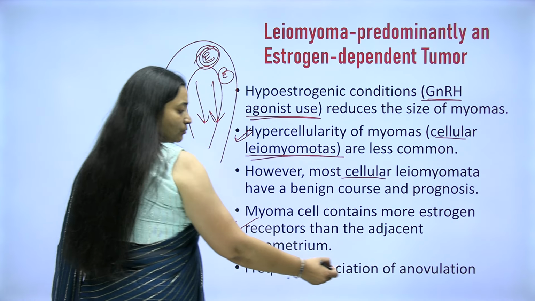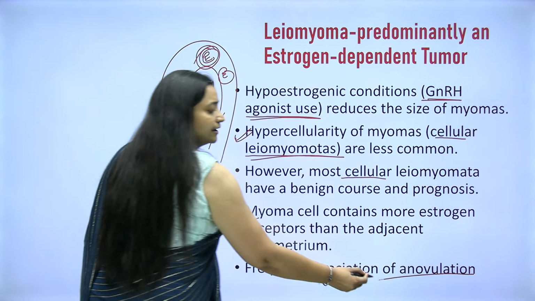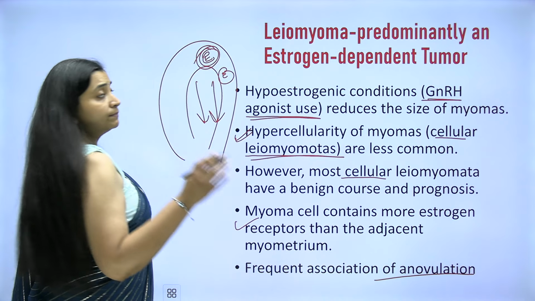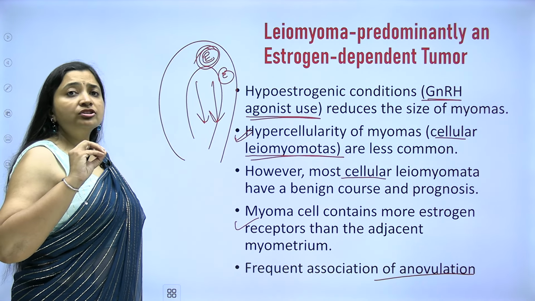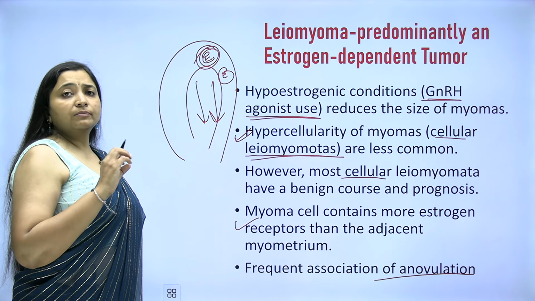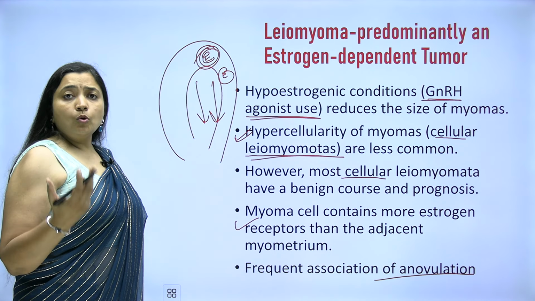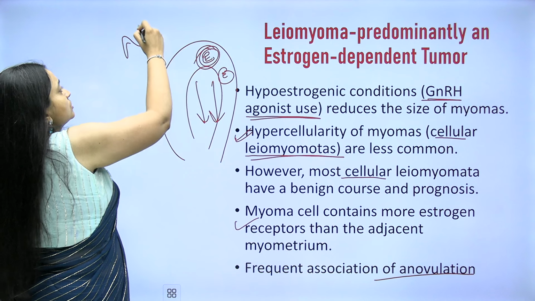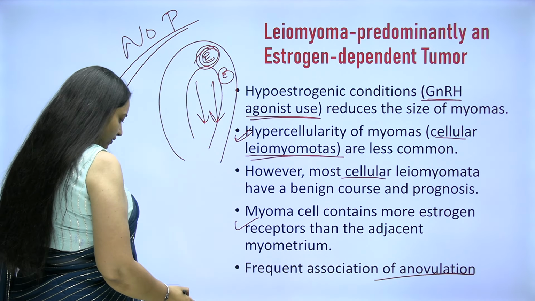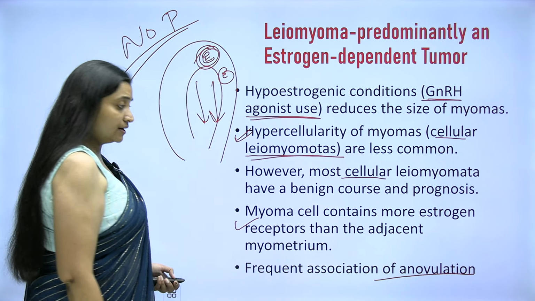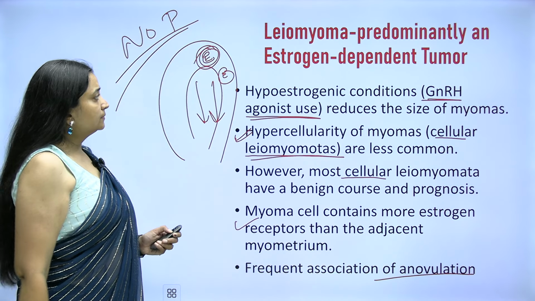And it is frequently associated with anovulation, that we studied in the menstrual cycle also, that anovulation is a state where ovulation is not occurring, corpus luteum is not forming, so there is no progesterone. So estrogen becomes rampant. Whatever it wants, it does, and whenever it does, it creates problems.